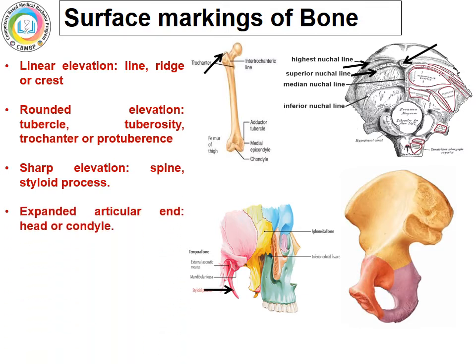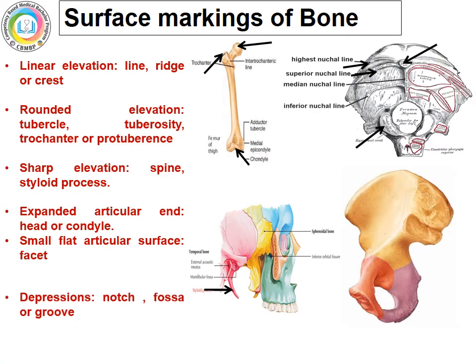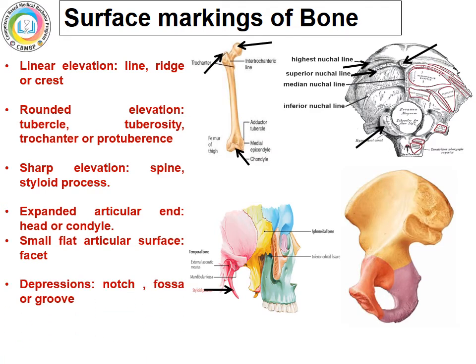Number 4, expanded articular end. It is called head or condyle. An articular end may be small and flat, and it is called a facet. A depression may be a notch at the border of the bone.